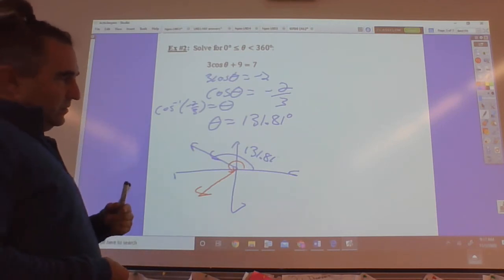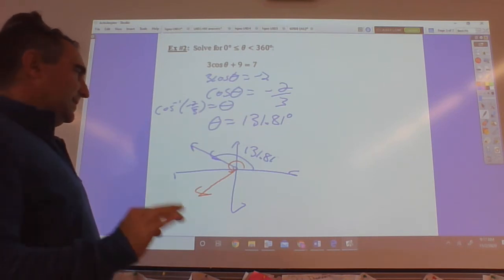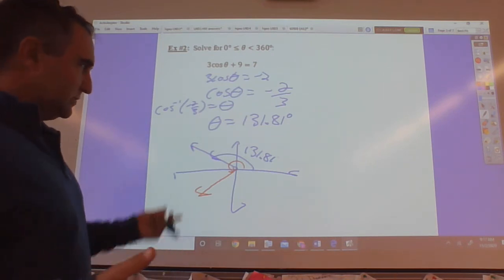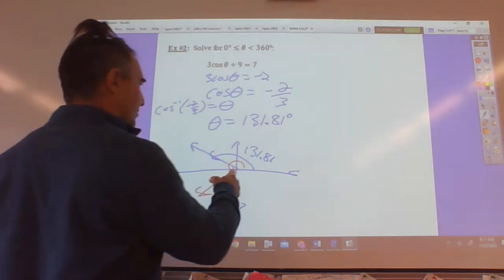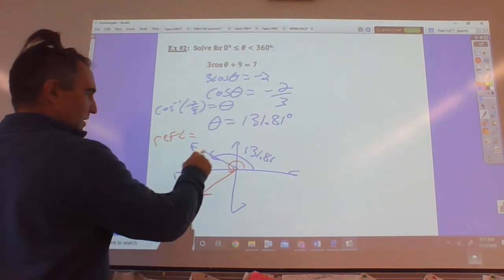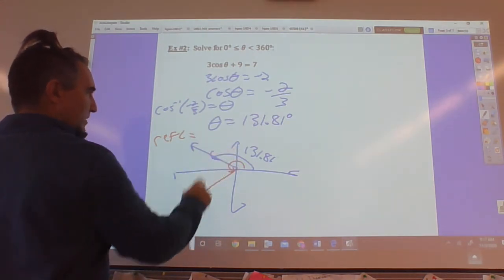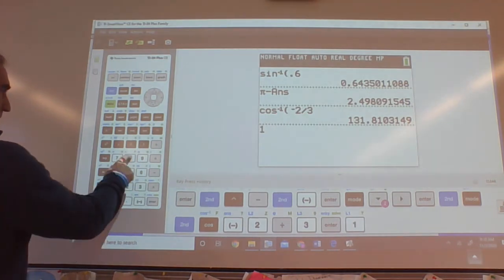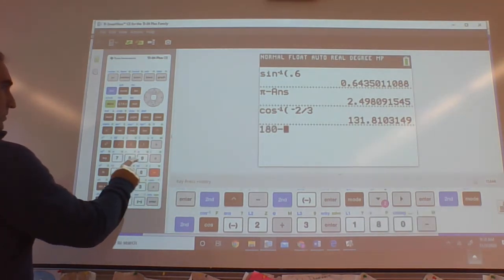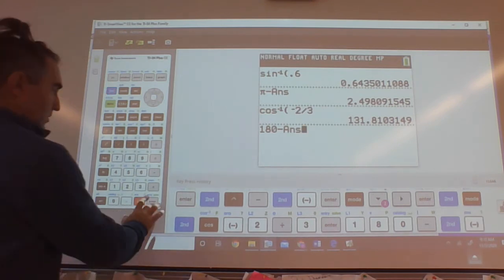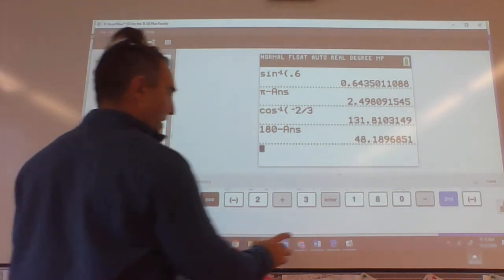So the most basic way is find the reference angle and then just use it. So the reference angle now is going to be 180 minus 131.19.